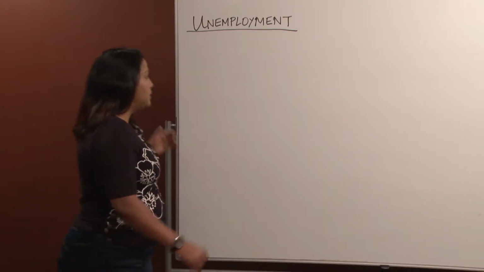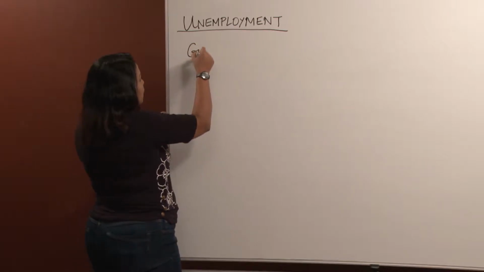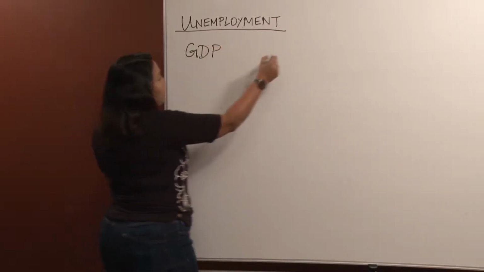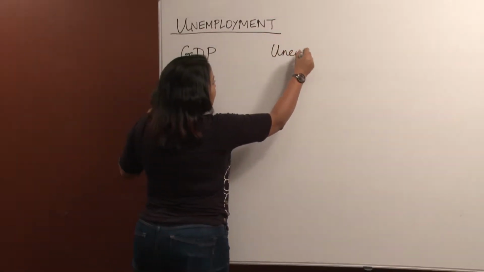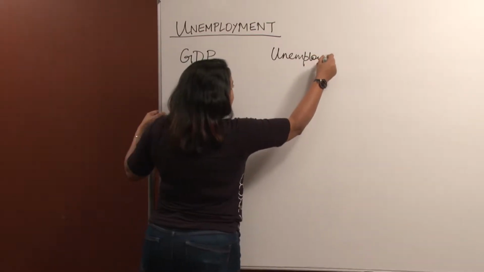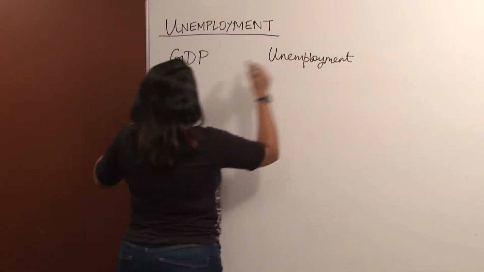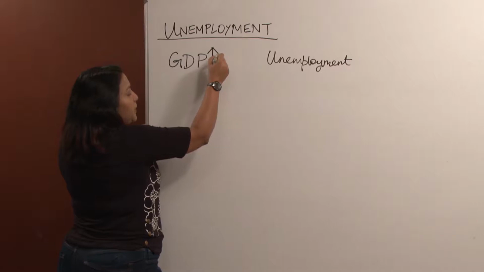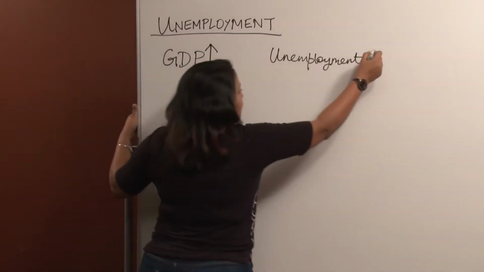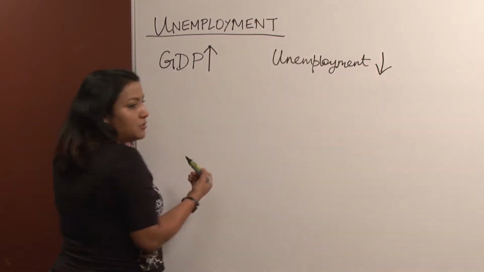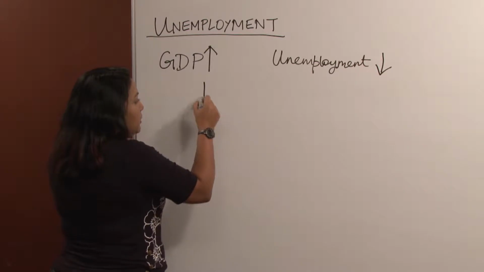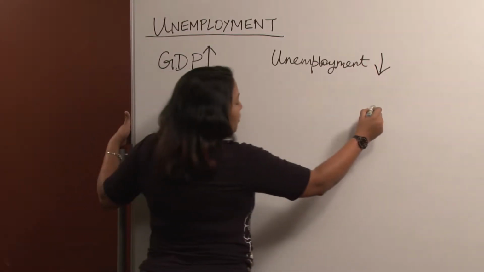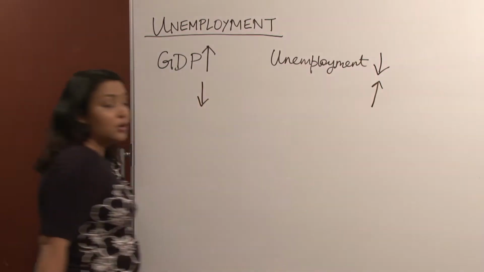In other words, there is an inverse relationship between the GDP and unemployment. For most countries and for most situations that will be true. As GDP goes up, the unemployment level in the country comes down, and as GDP comes down, the unemployment level in the country goes up.